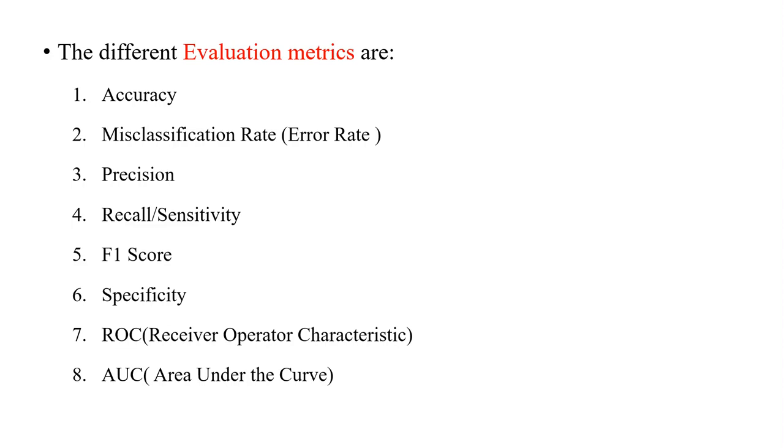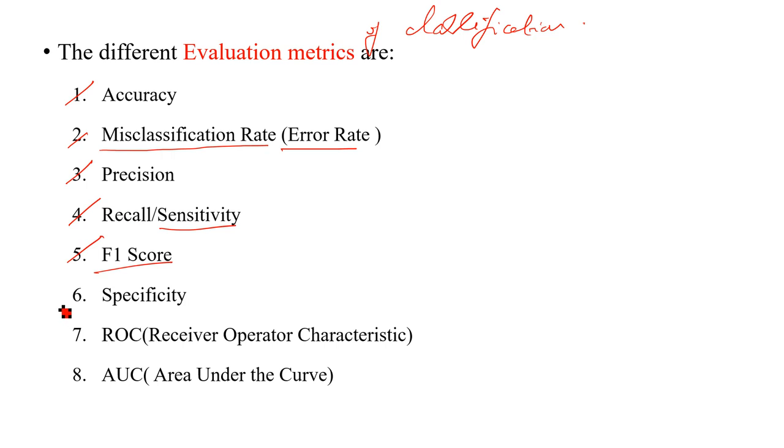Different evaluation metrics exist for classification algorithms. The first one is accuracy, the second one is error rate, which is also known as the misclassification rate. Then precision, recall or sensitivity, F1 score, specificity, ROC and AUC.